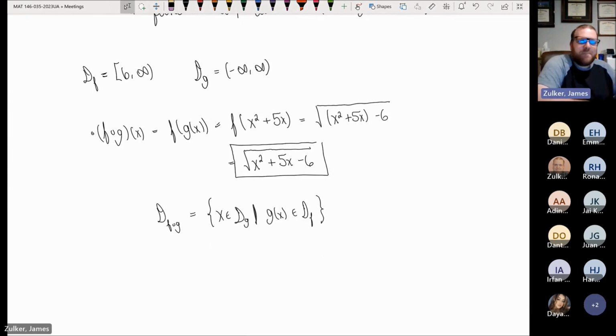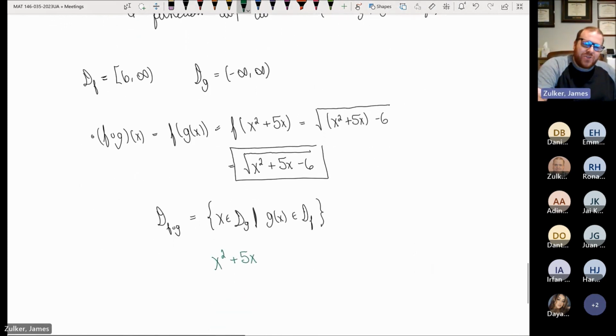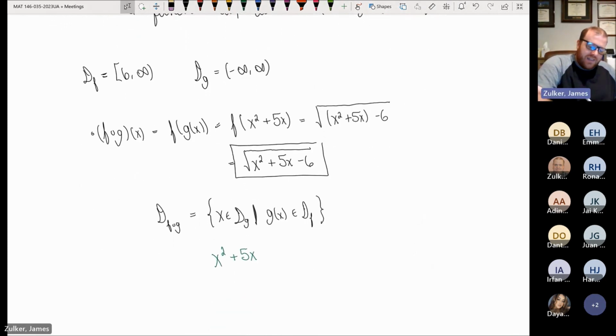But here's what we're going to do. g of x, x squared plus 5x. We want values of x that make that in the domain of f. In other words, we want values of x that would make this expression greater than or equal to 6, right? Because that is the domain of f.